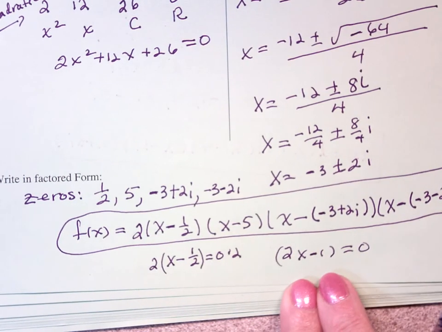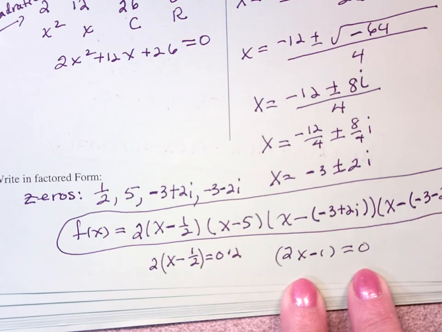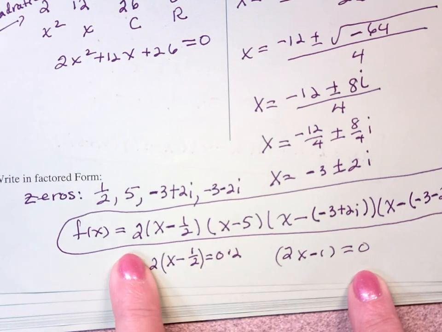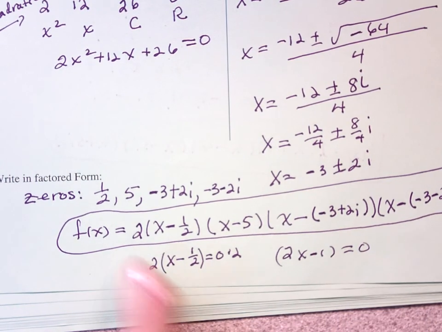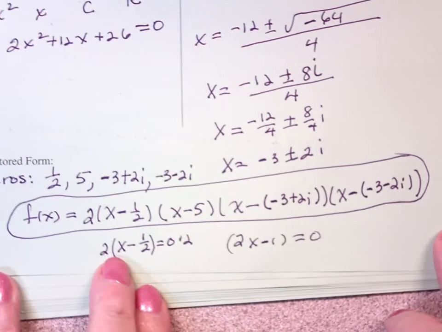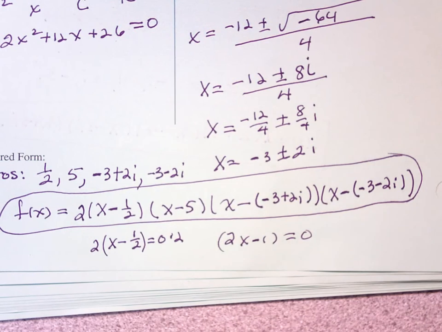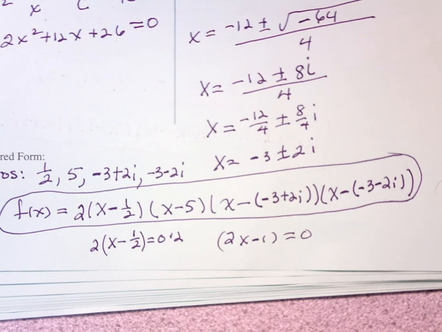You'd add 1 to both sides, then you'd divide by 2. That's how you got the 1/2. So it's just easier to leave it as a fraction and just bring down the leading coefficient. That is basically polynomials in a nutshell. I mean, that is everything that we've done in polynomials in one place. And it's all to find the zeros of the polynomial.